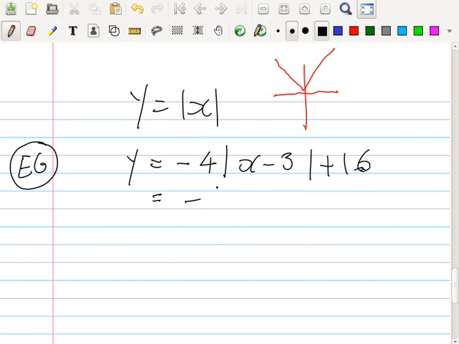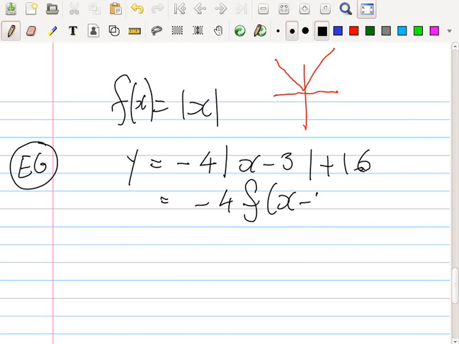Well, look, this here is like a transformation, isn't it? Like if you think about it, if I call this function here f(x), then this looks exactly like what you did last week, minus 4 f(x minus 3) plus 16.